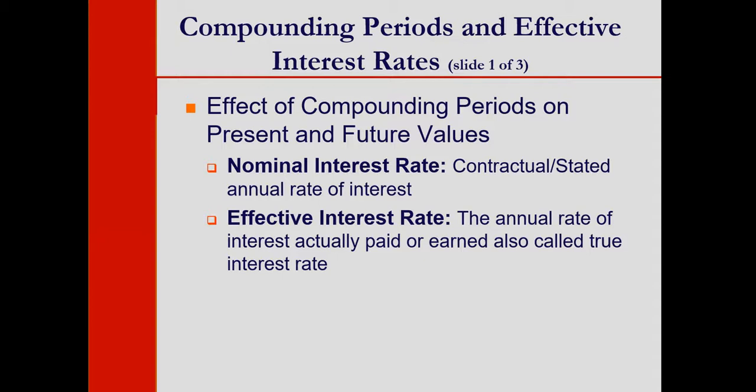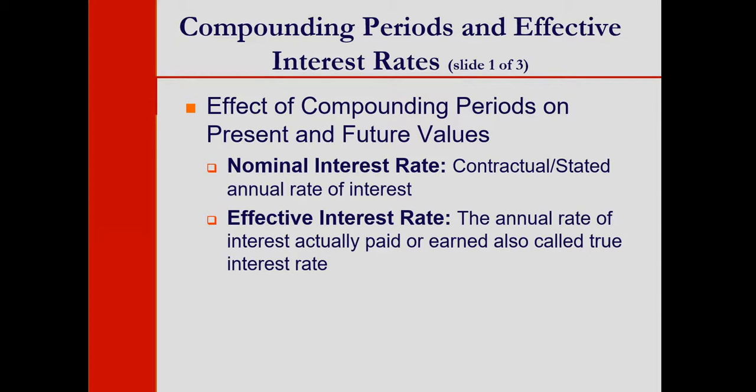Nominal interest rate is the contractual interest rate. Whenever I'm saying that, okay, it earns an interest of 9%, this 9% which is mentioned in the contract or which is stated there, that is your nominal interest rate. It means in name only, whatever you see.